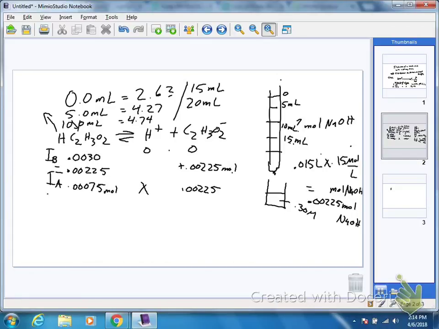So basically, we're going to use the Henderson-Hasselbalch equation that we went over on Thursday. And to do that, you would go ahead and say the pH is equal to the pKa plus the log of the A minus over the HA concentration.